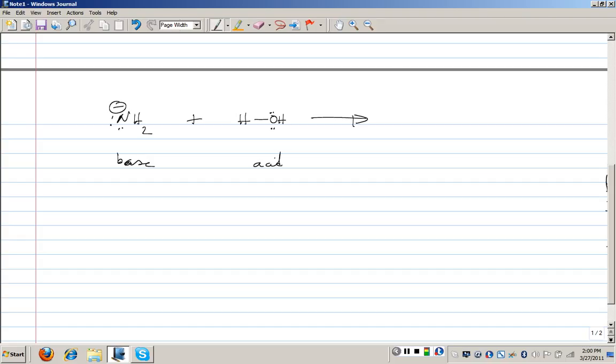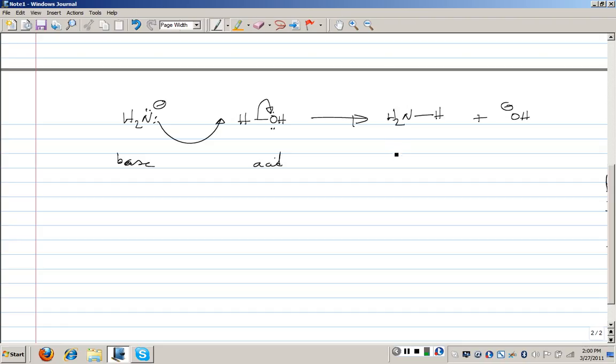I have to carry it through and say, fine, if NH2 minus is the base, what does it do? And the answer is, and I'm going to redraw this slightly, so we can see the curved arrow. If anything were to happen, and I'm not saying anything does, the NH2 minus would use its lone pair of electrons. It would steal the H, that's H plus, from the water, and generate the ammonia molecule and hydroxide, right?